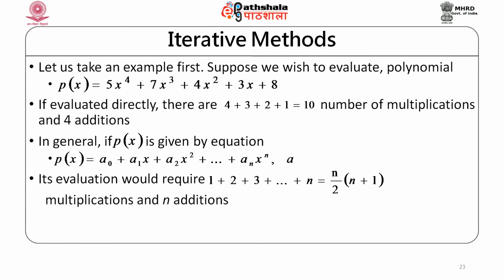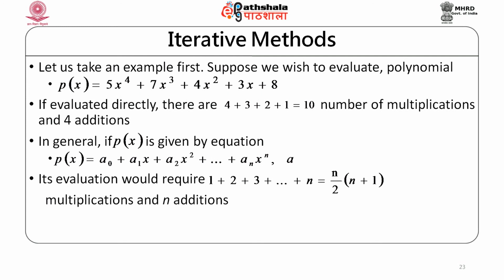So in all, the sum is 1 plus 2 plus 3 up to n, and it is very well known that the sum of this arithmetic progression is n by 2 into n plus 1. So it is of the order of n square.